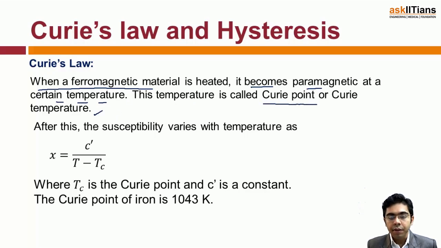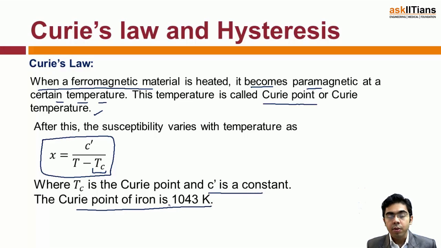After that, the susceptibility varies with temperature as χ = C'/(T − Tc), where Tc is the Curie point, meaning the temperature at that Curie point, and C' is the constant. The Curie point of iron is 1043, so it's a very large value, 1043 Kelvin.